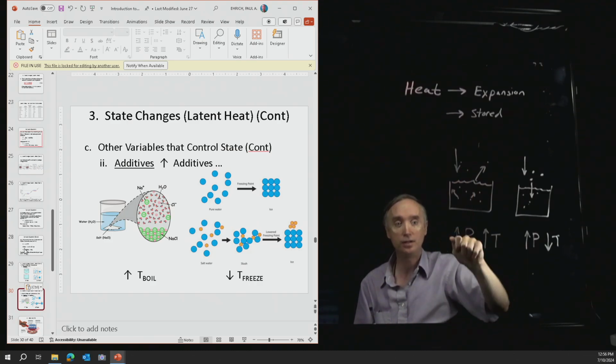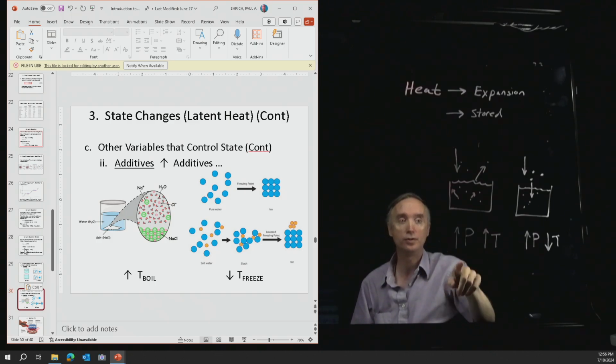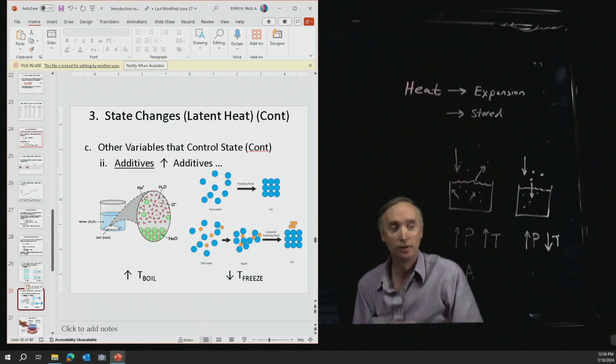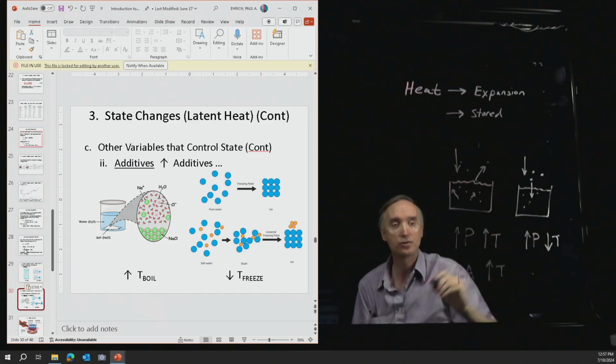You're going to have to increase the temperature, make the water molecules move around faster to give them enough energy to break free of that salt and then escape. So the rule this time is that if we increase the amount of, how about A for additives, then that's going to increase the temperature at which water boils.